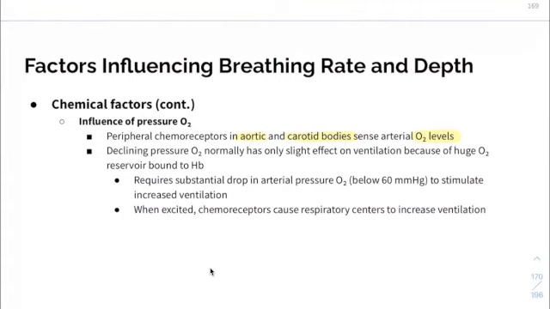But if we have a decline in oxygen, it's not a huge deal because we always have oxygen bound to hemoglobin. If we have a substantial drop, though, that's what's going to cause you to increase breathing. More breathing, more oxygen comes in.